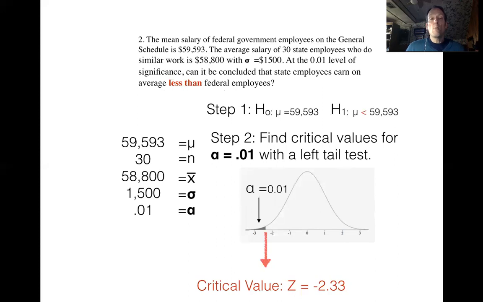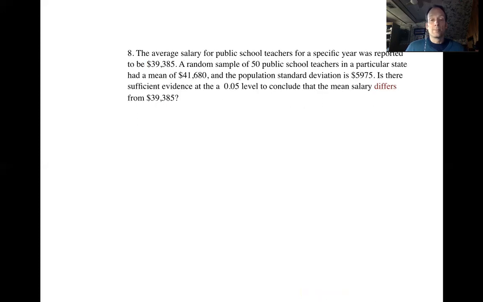Let's take a look at one more question. Pause the video again if you need to go ahead and read through. In here, they're telling us the average salary of a public school teacher is about $39,385. And perhaps a researcher has come up with the belief that in one particular region, the salary of teachers is less than that national average.